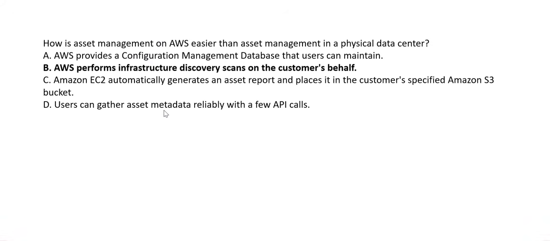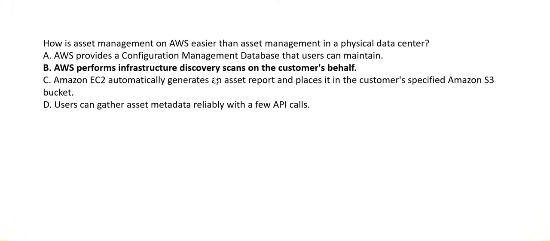And B is the right answer. If you see other options like option D, it uses API calls to get the asset metadata. You can do this in a cloud environment, but you cannot do it with your physical data centers. And AWS provides a configuration management database that users can maintain.